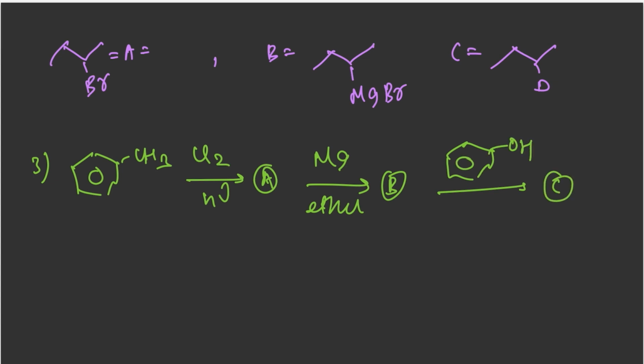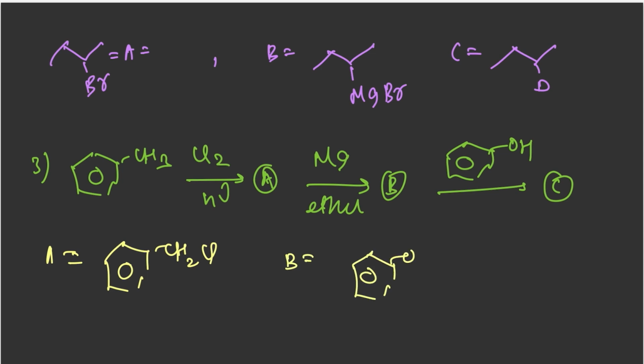A is actually free radical substitution, forming C6H5CH2Cl. B with magnesium ether will form the Grignard reagent. And C again will form toluene. With phenol, it will again form toluene plus MgClOPh.